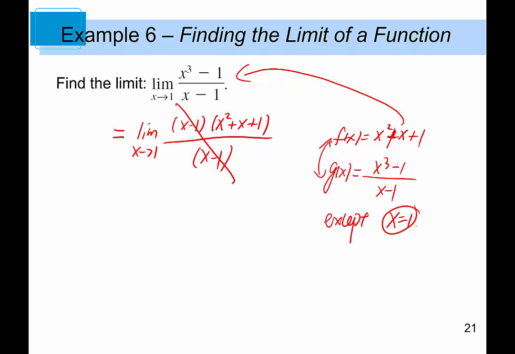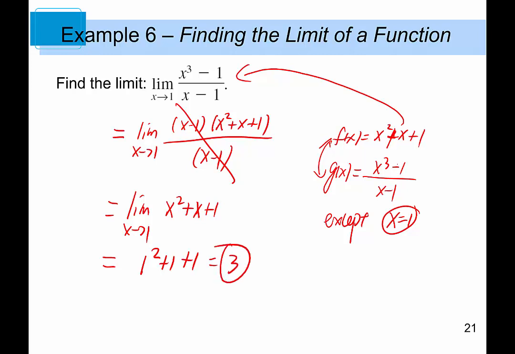Now the limit of g of x becomes the limit of f of x, which is x squared plus x plus 1. Since it's a second degree polynomial function, we can do direct substitution. So it becomes 1 squared plus 1 plus 1, which gives us 3. So the limit when x approaches 1 for x cubed minus 1 over x minus 1 is equal to 3.